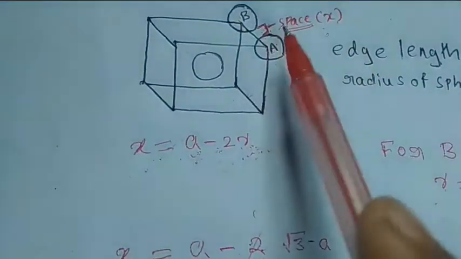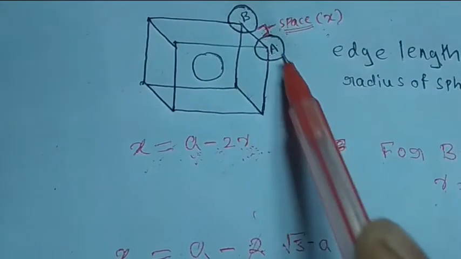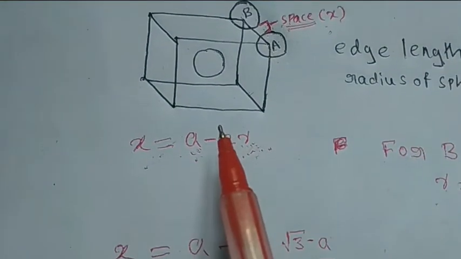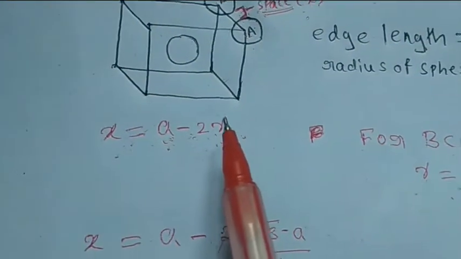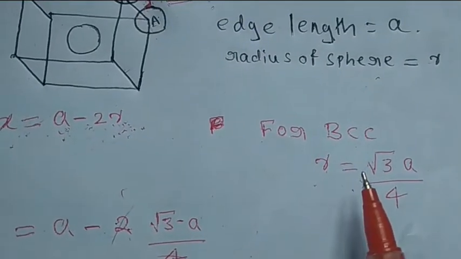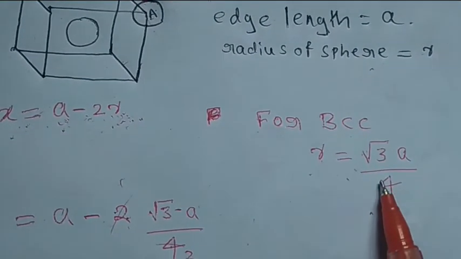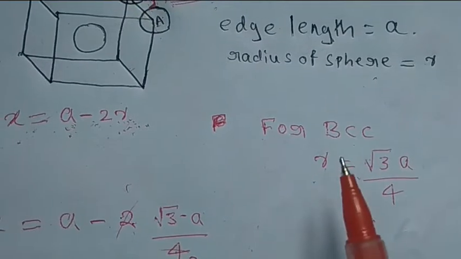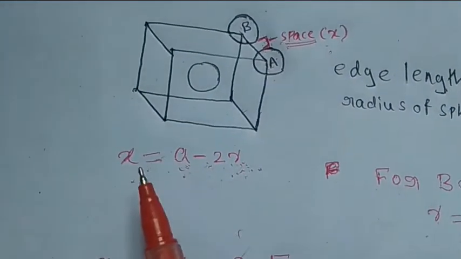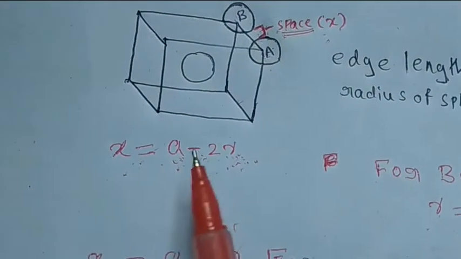So space between spheres at A and B is A minus 2r. We know the relation between A and R for BCC. It is R is equal to root 3A divided by 4. We substitute R value in the above x equation.